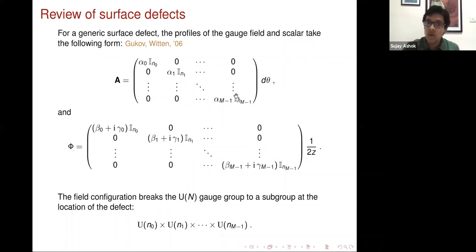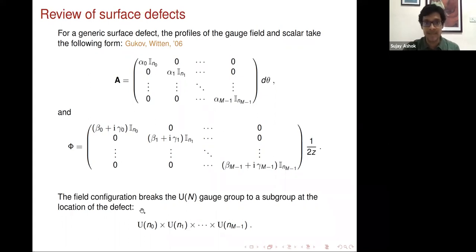So A looks like so, and phi looks like exactly the same form. This matrix form is exactly the same, the same block diagonals appear here. But the parameters are alpha naught to alpha m minus 1, beta, gamma, again taking m values each. So as you can see, at the location of the defect, the non-trivial profiles for the gauge field and the scalar break the gauge group to a subgroup.